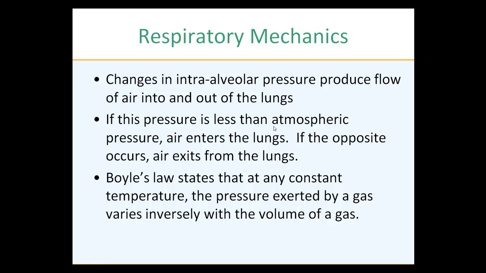Okay, so any change in the alveolar pressure will produce flow of air. If you would increase the alveolar pressure, then the air would rather go out, unless you're closing it, like with the glottis when you're coughing or when you're straining. You're not allowing the air to leave your lungs, but in a normal situation you are allowing the air to leave the lungs, and that is all maintained by just a slight variation of the pressure inside the alveoli.